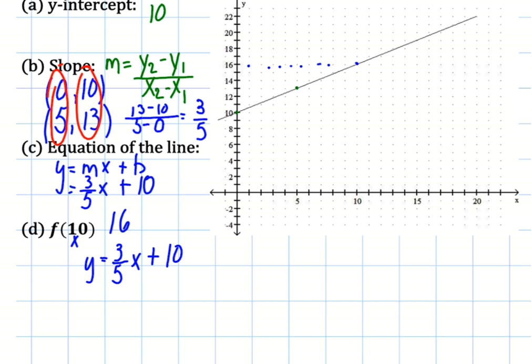In place of x, I'm going to put 10. So 5 will go into 5 one time, 5 will go into 10 2 times. 2 times 3 would be 6, plus 10 would be 16. So we match. Very good.